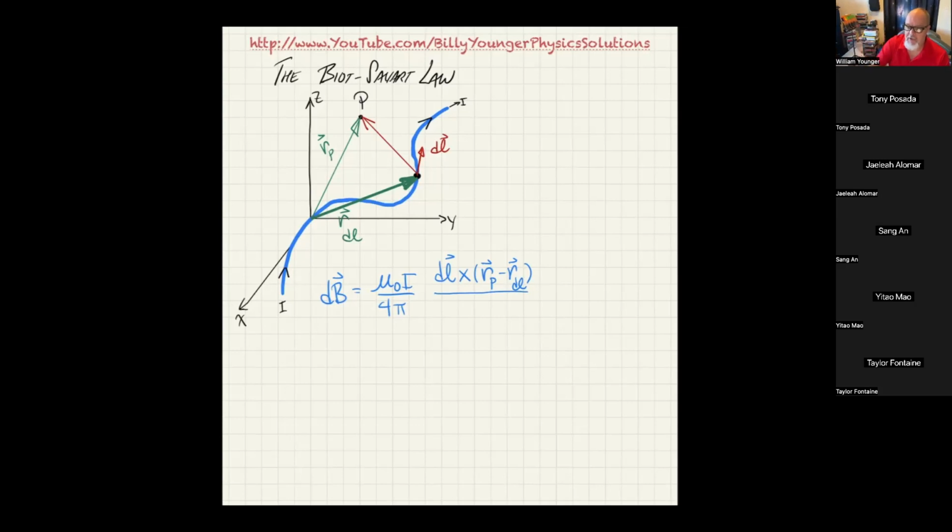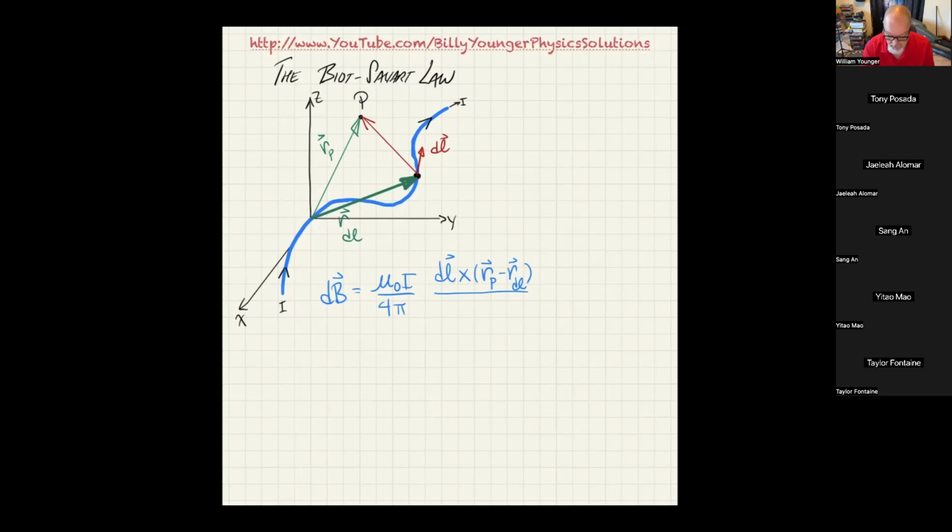There's another one I did on the 26th, I believe it was, where I was using another version, the right-hand rule like this, to show you the direction of B. So that RP minus RDL, when I take the cross product DL cross parentheses RP minus RDL, that actually gives me the direction of the magnetic field.